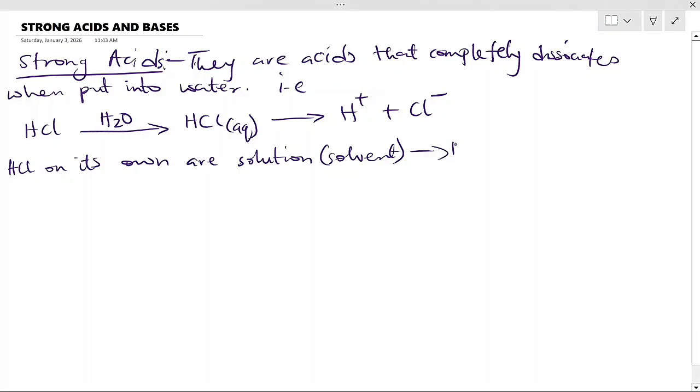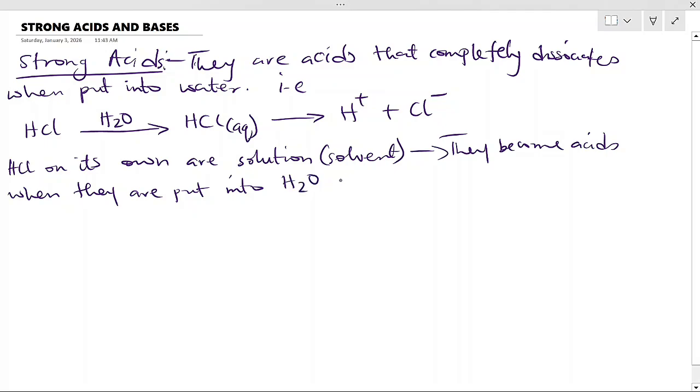They become acids when they are put into water.